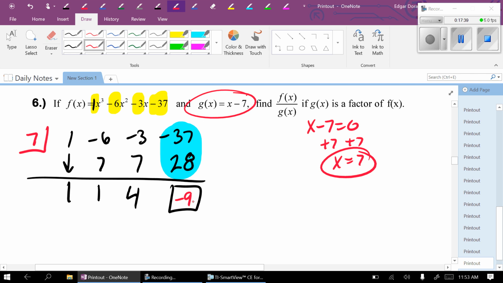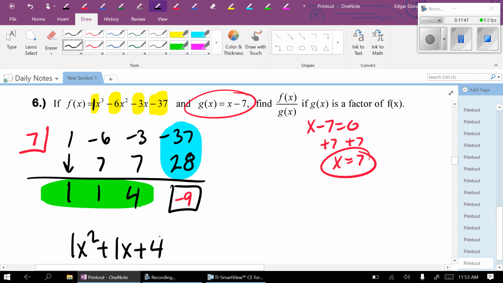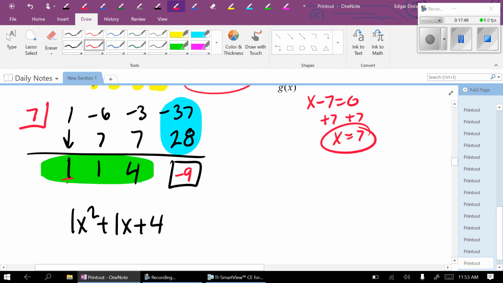Okay, so as I've always stated, we know what to do with this. We're going to get 1x squared plus 1x plus 4. Again, that's where these come from. But this part right here, we got to work with that. So I'm going to go ahead and attach a minus 9. But remember, guys, minus 9 is a remainder.